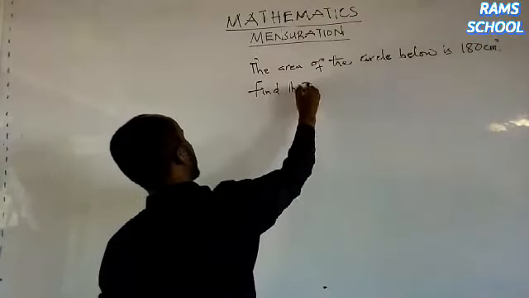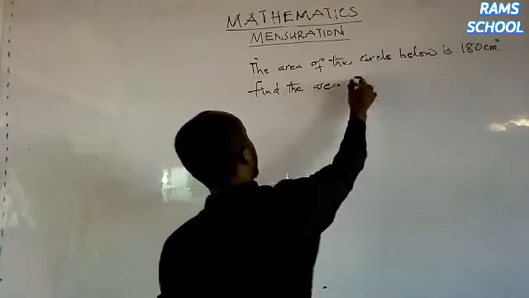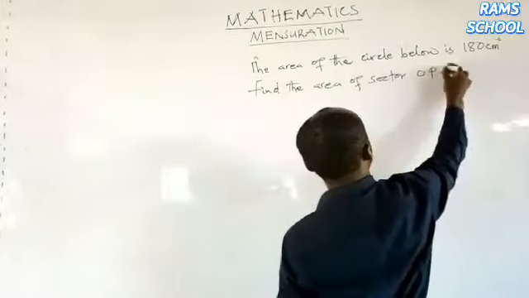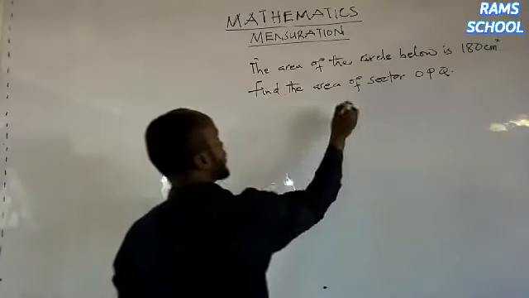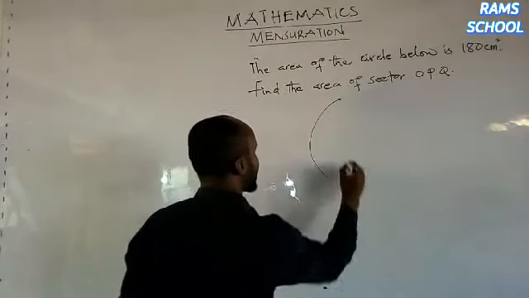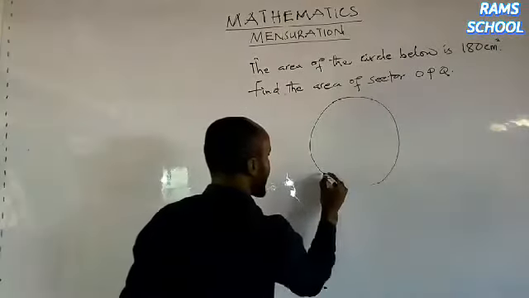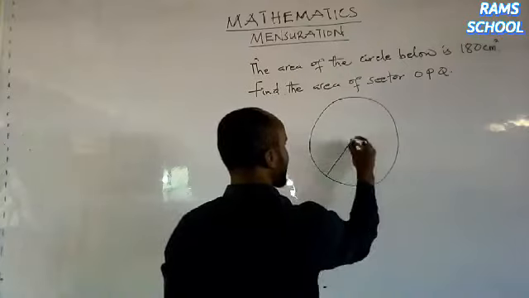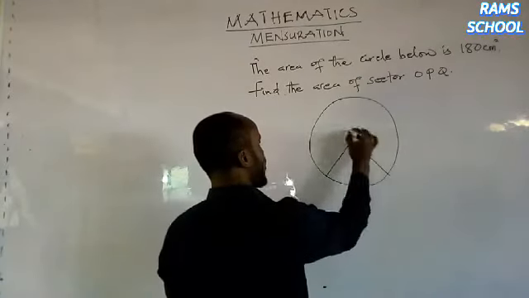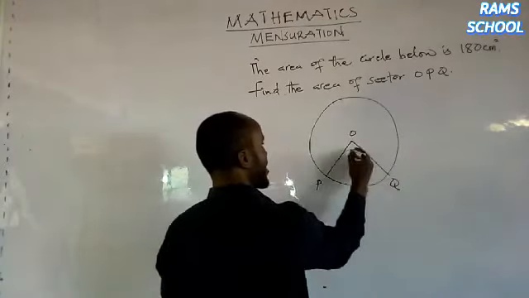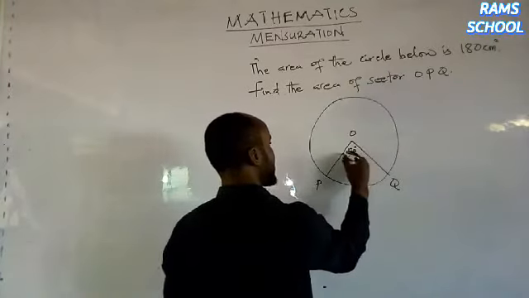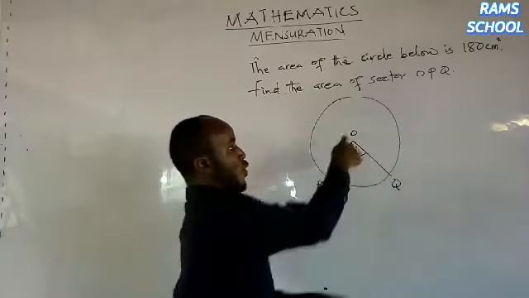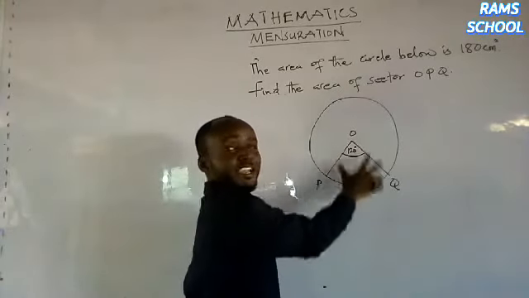Find the area of sector OPQ. So let's quickly look at the diagram. Let's take this one to be our circle. OPQ has an angle of 120 degrees, which will be our theta. So we want to find the area of the sector OPQ, this portion here.